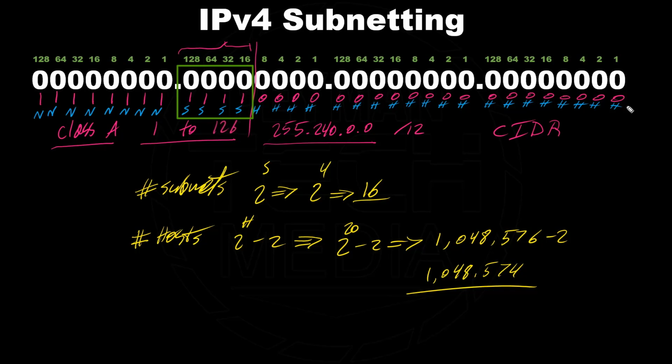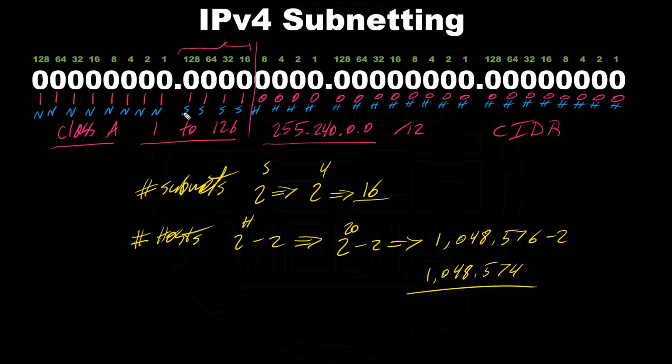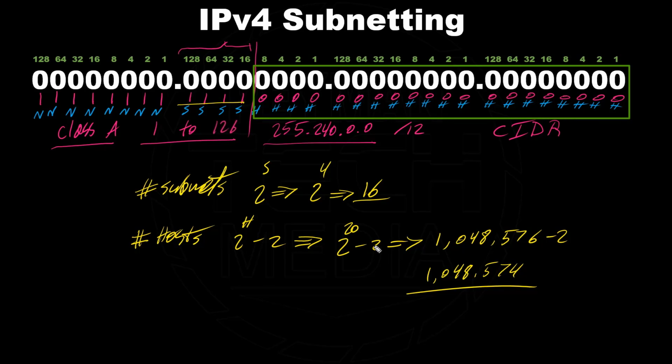The bits that we borrowed from the host bits are considered subnet bits. How many subnet bits? 4 subnet bits: 1, 2, 3, 4. To find the number of subnets, 2 to the power of subnet bits gives us the number of subnets: 2 to the power of 4, 16. To find the number of hosts, 2 to the power of host bits minus 2: 2 to the power of 20 minus 2.